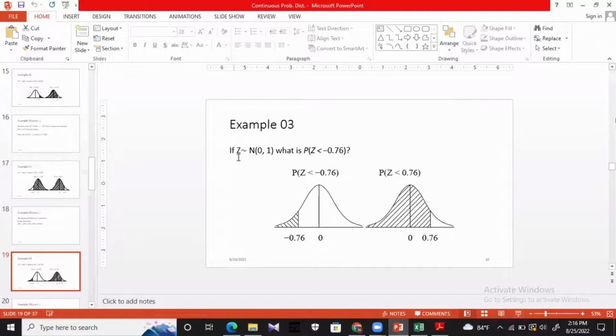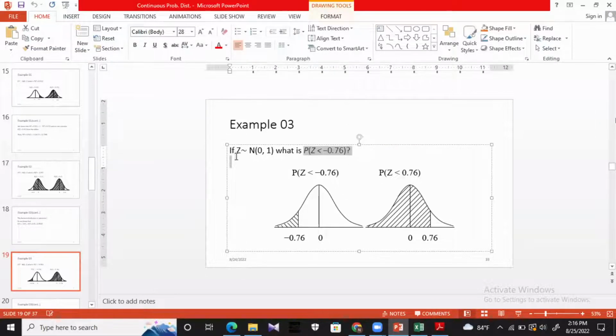See this example. If Z is a normally distributed random variable with mean 0 and variance 1, what is the probability that Z is less than minus 0.76?